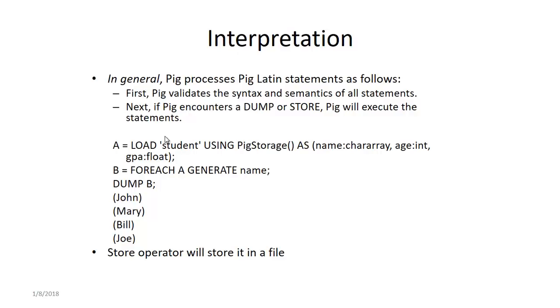Name we can access by $0, age by $1, and GPA by $2. So index 0 points to name, index 1 points to age, and index 2 points to GPA, and $ is the syntax.